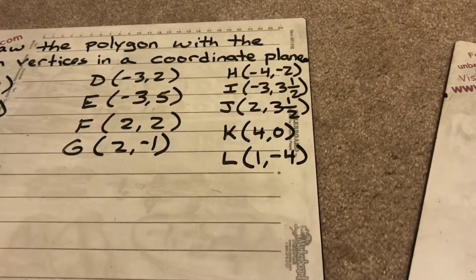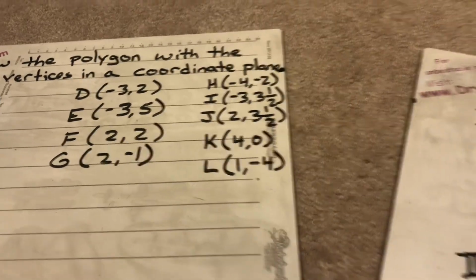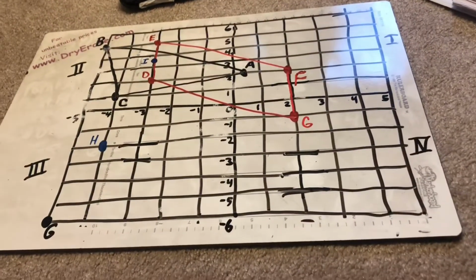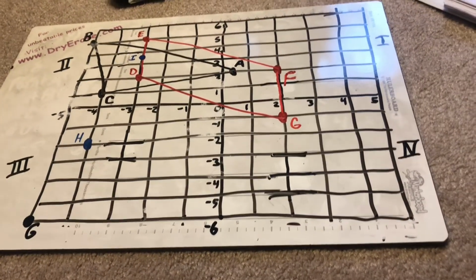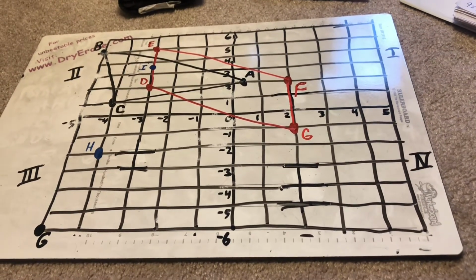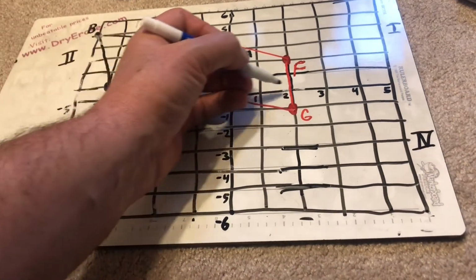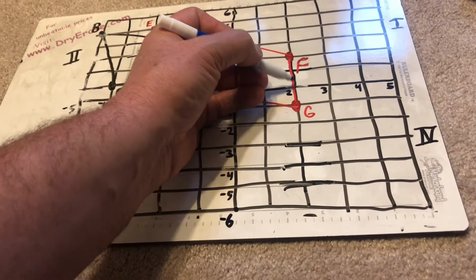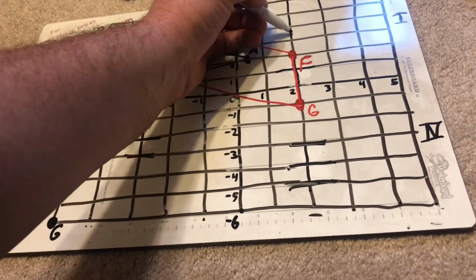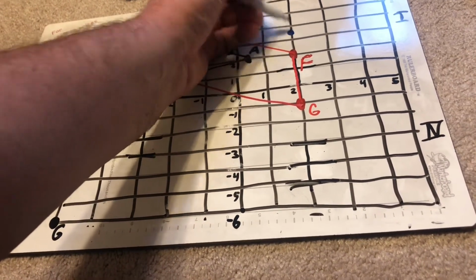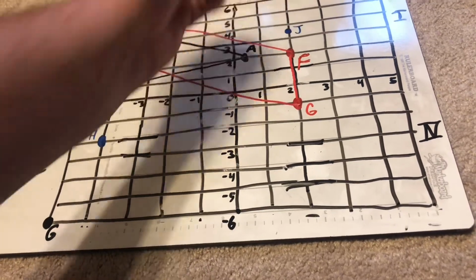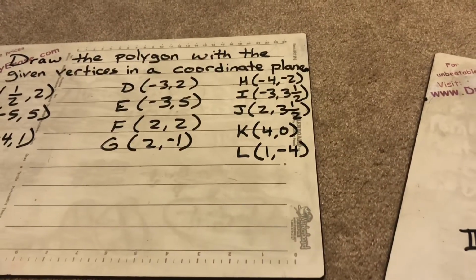All right. Point J is at 2, 3.5. So I'm going over 2, and then up 1, 2, 3.5. So that's point J. Point K is at 4, 0.